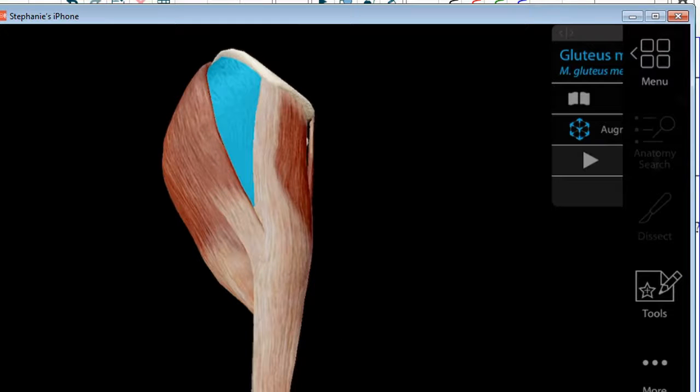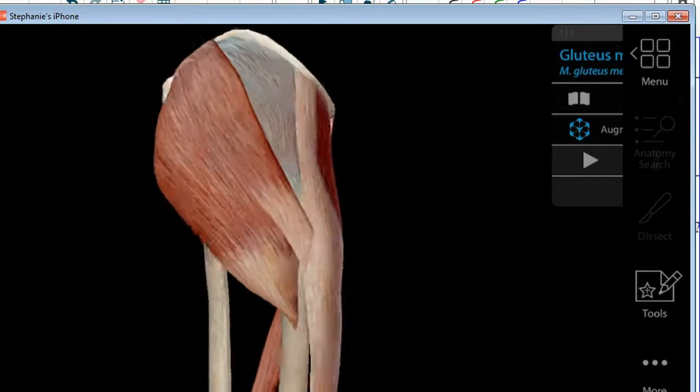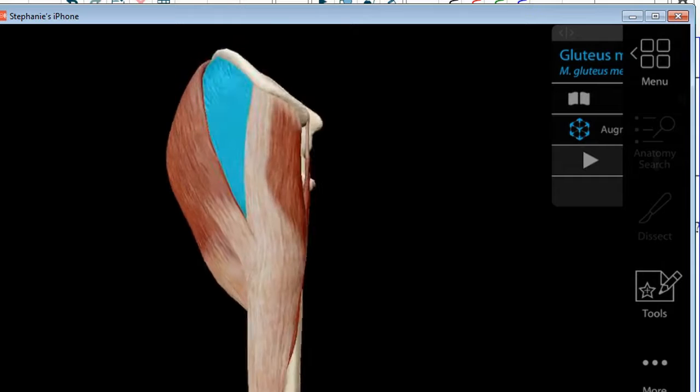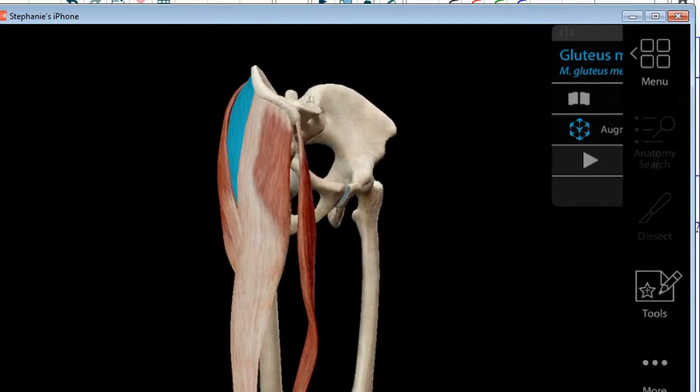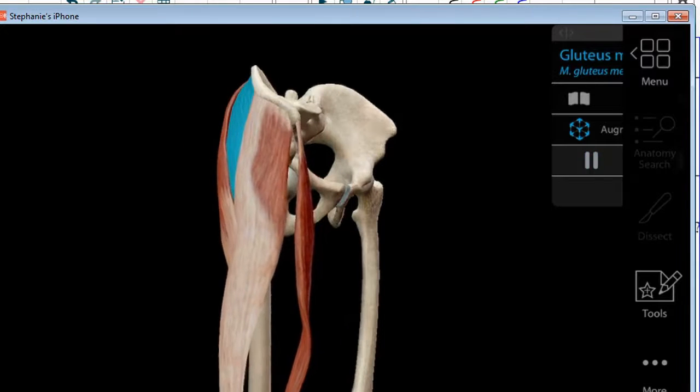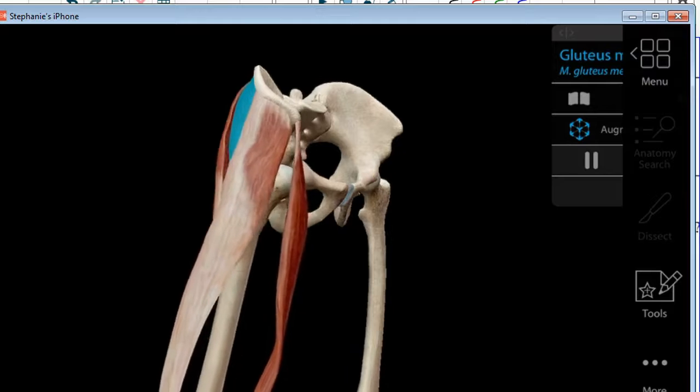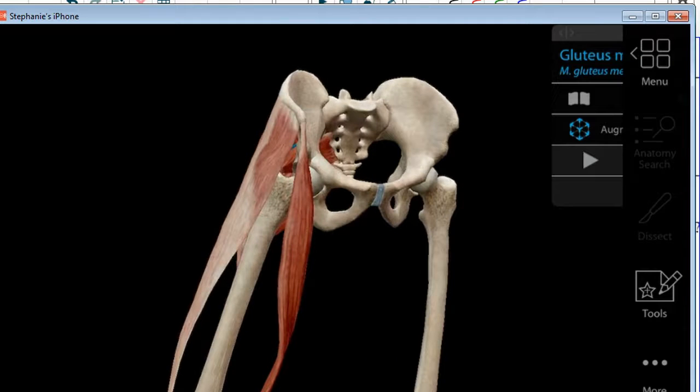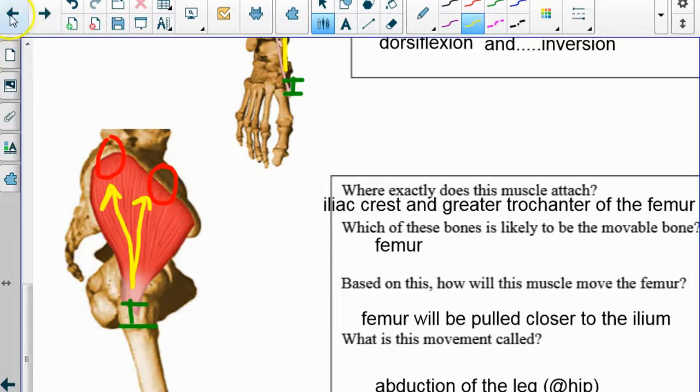I've highlighted the gluteus medius in blue. You can see we have some other muscles, and a lot of it is hidden, but you'll still be able to get the idea that when the gluteus medius contracts, it will cause hip abduction and pull that femur closer towards the ilium. So there you have it, the basics of muscle contraction.